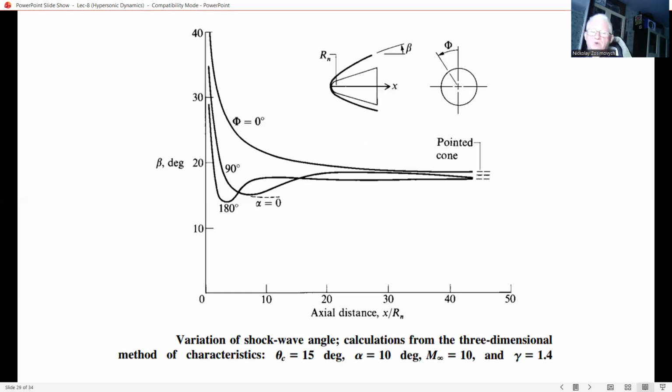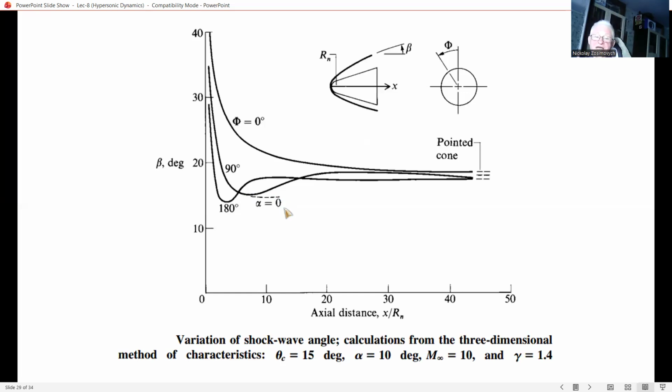For the conditions shown in this diagram, the 0 angle of attack case results in the local minimum beta occurring at x over Rn equals 10, as shown in this slide by the dashed line labeled alpha equals 0.